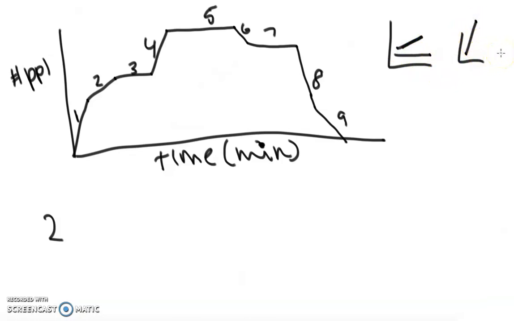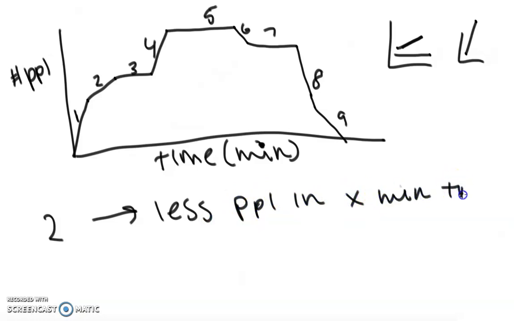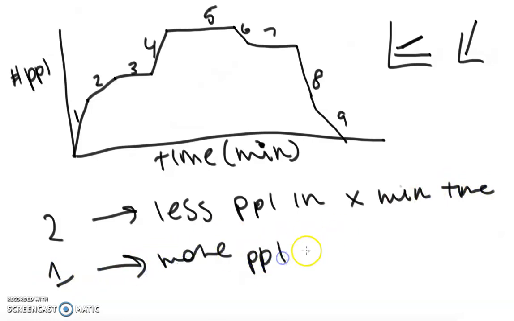It's showing that number 1 had much more people at a very low time, whereas 2 had less people in X minutes of time. But 1 had more people in X minutes.